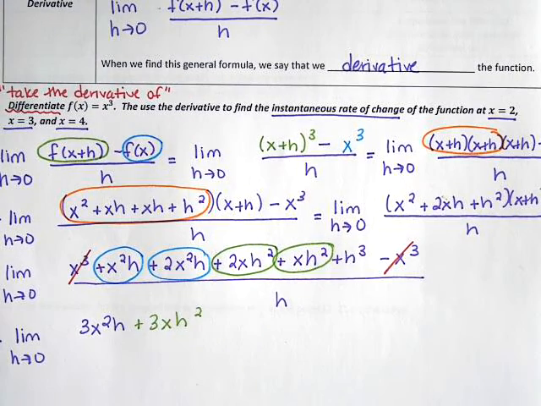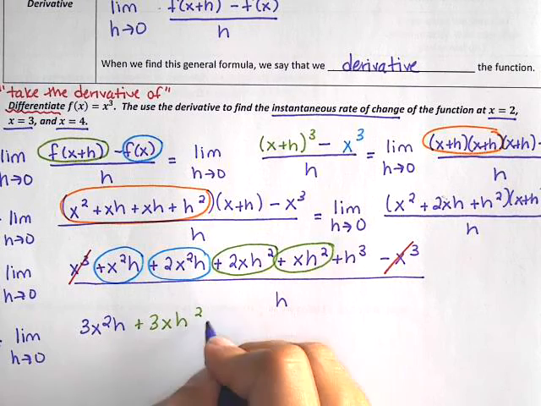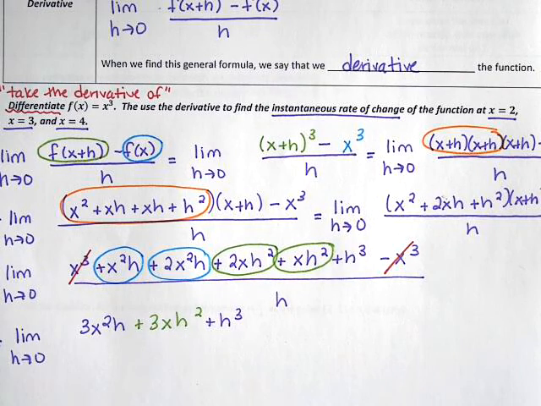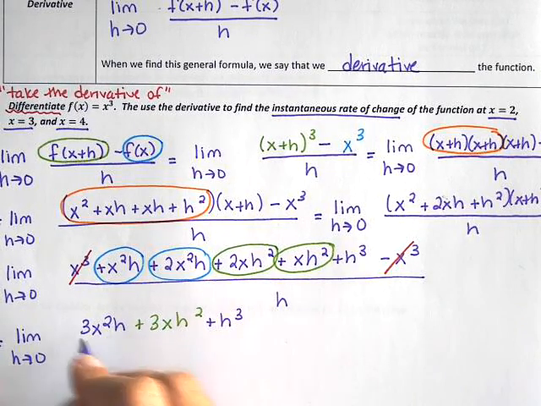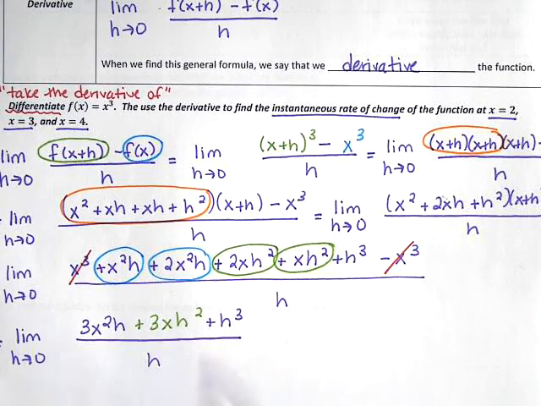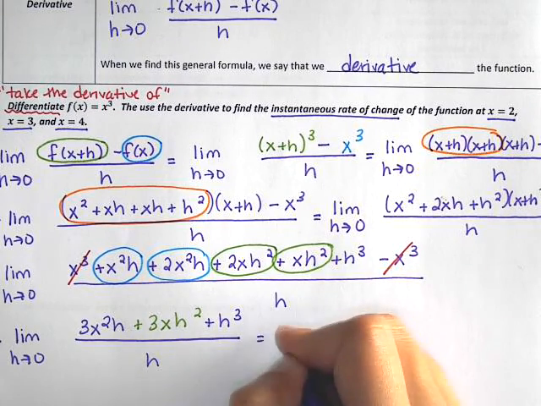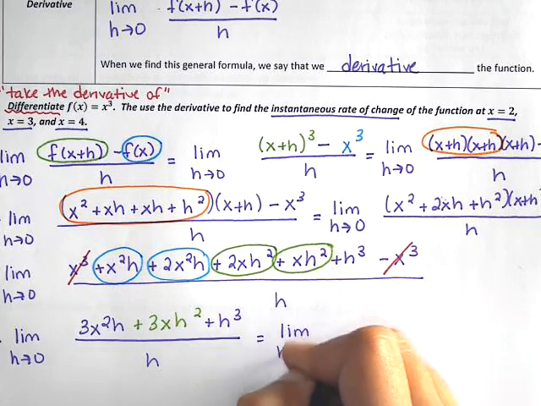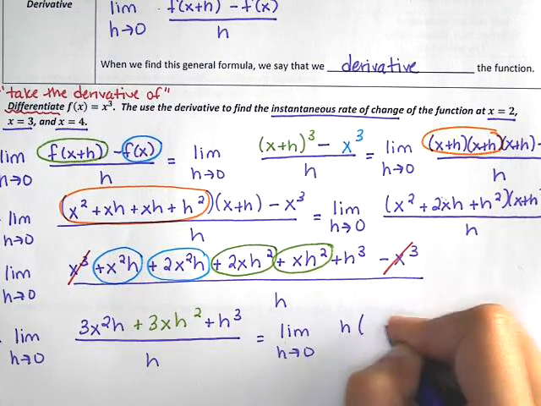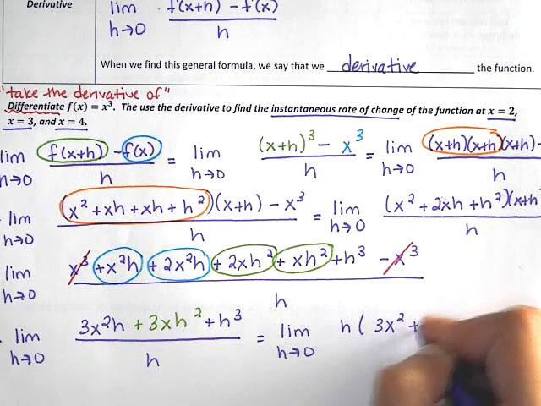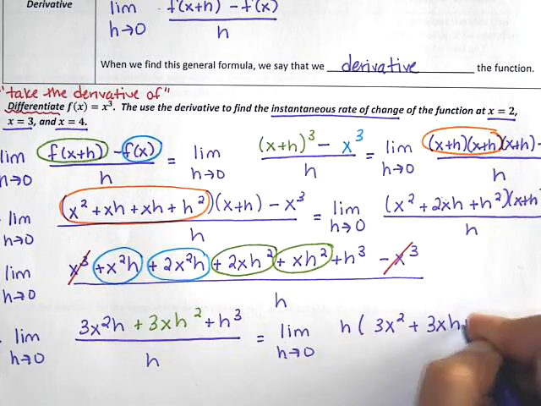And then I'm just going to copy down the h cubed, all over h. I still can't plug in 0 because the h is still in the bottom, but if I factor out an h from the numerator, I have 3x squared plus 3xh plus h squared.